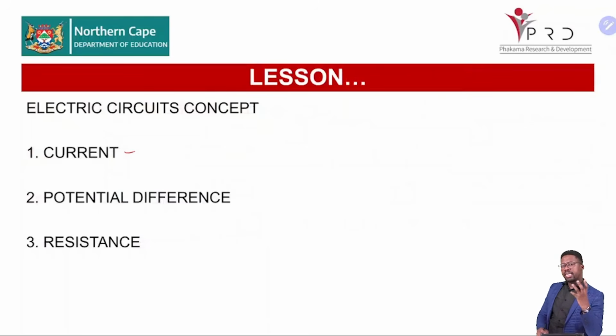Now, what is important about this current is for us to know 3 things. What is current? It is the rate of flow of charge. We've defined it as well from our lesson objective to say that at the end of this lesson, a learner should be comfortable to have a thorough discussion about current, about potential difference, and about resistance.